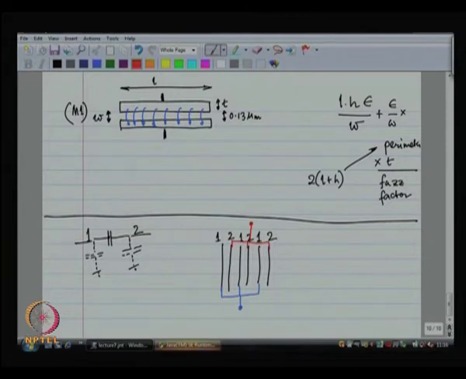So, now you not only get advantage of this interface, you also get advantage of this other interface, right. So, effectively you have even further doubled your capacitance density. Okay. So, these are commonly used techniques.